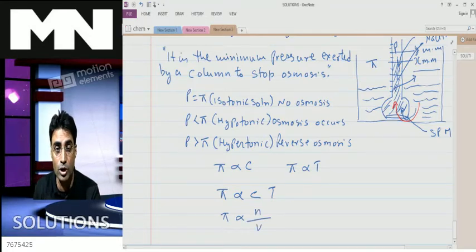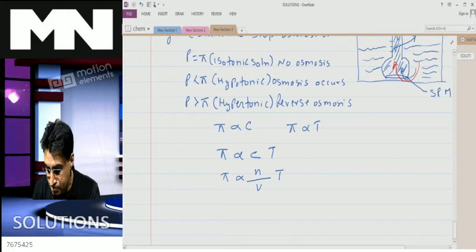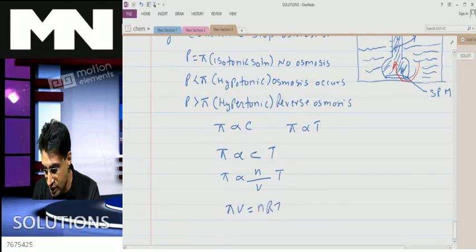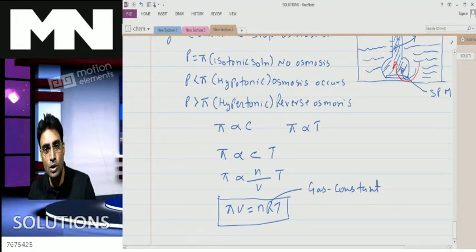I'm talking about molarity into temperature. Or I can say πV is equal to nRT, where R is a universal gas constant. We'll use it here. So this is the formula for calculating osmotic pressure.